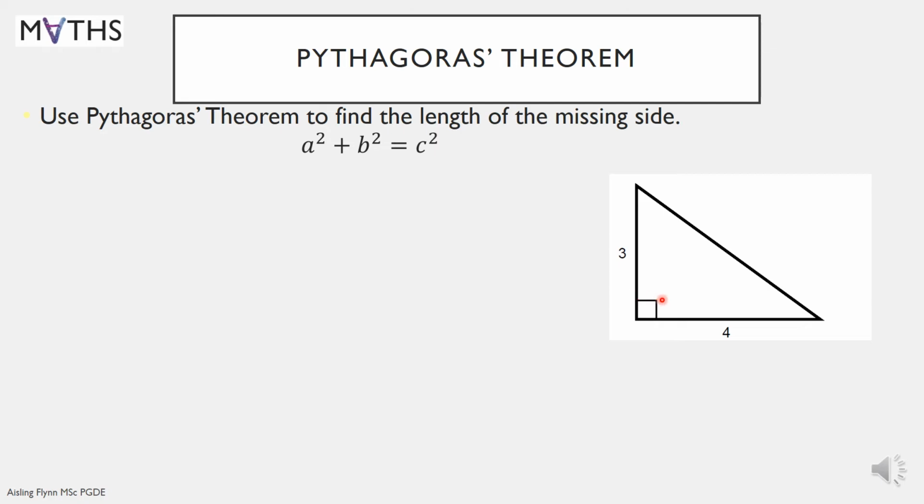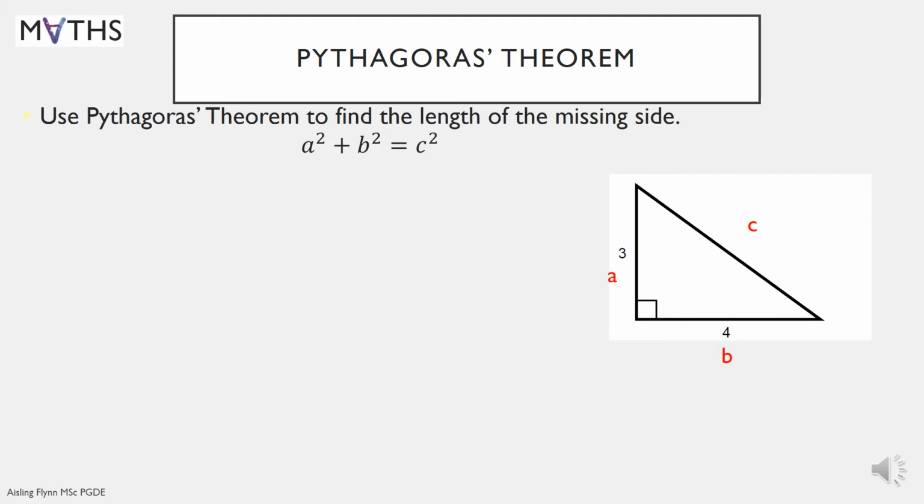We've got 90 degrees in the corner, and we've got 3 and 4 touching it, being the legs of that angle. So 3 and 4 are A and B. It doesn't matter which one is A or which one is B. The missing side in this question is the hypotenuse. It is C, and it's the longest side also. So 3 is A, 4 is B, and what we're looking for is C.